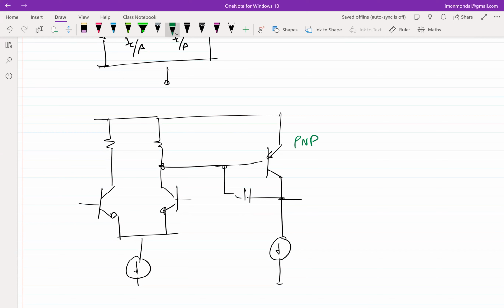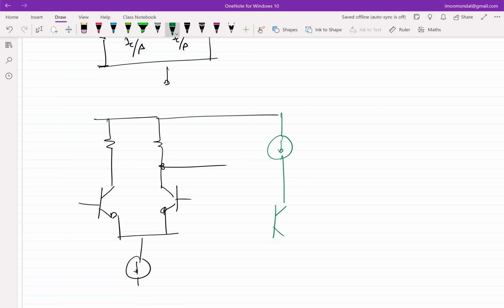So if we have to use an NPN, what should we do? We should say that we want to do this. Correct? But as we talked about in the last class, this has a problem of biasing this voltage. When you put in feedback and go down, that becomes a problem.